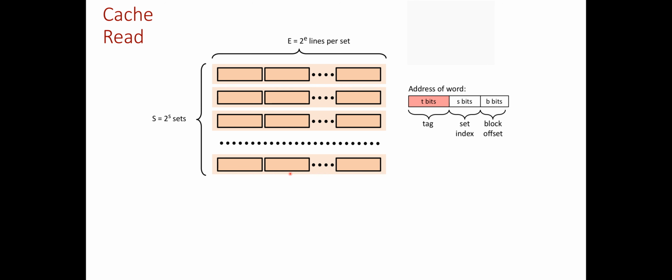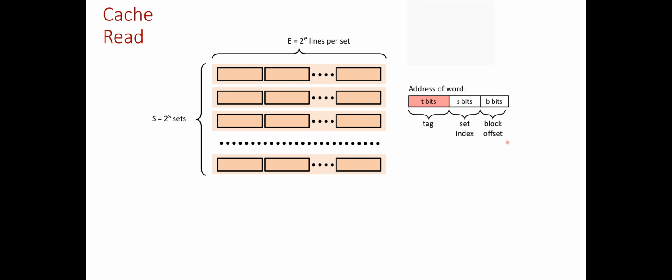So the system knows this. So every access of an address is actually now translated into an address that looks like this. Which tag is it? Which set is it? Which offset into the block do I need to get to a particular byte in memory?